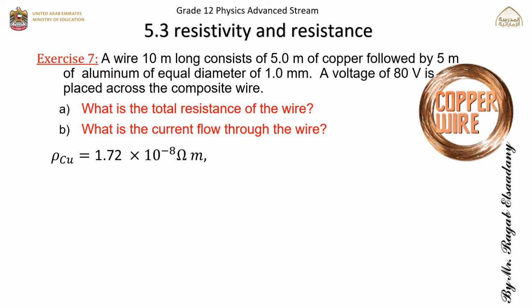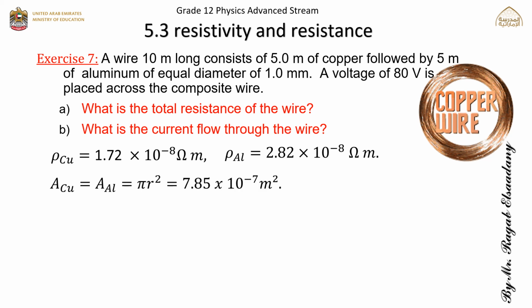From table 5.1, resistivity for copper equals 1.72 times 10 power minus 8 ohm meter, and resistivity for aluminum equals 2.82 times 10 power minus 8 ohm meter. Cross-sectional area for copper equals cross-sectional area for aluminum equals pi r square equals 7.85 times 10 power minus 7 meter square.